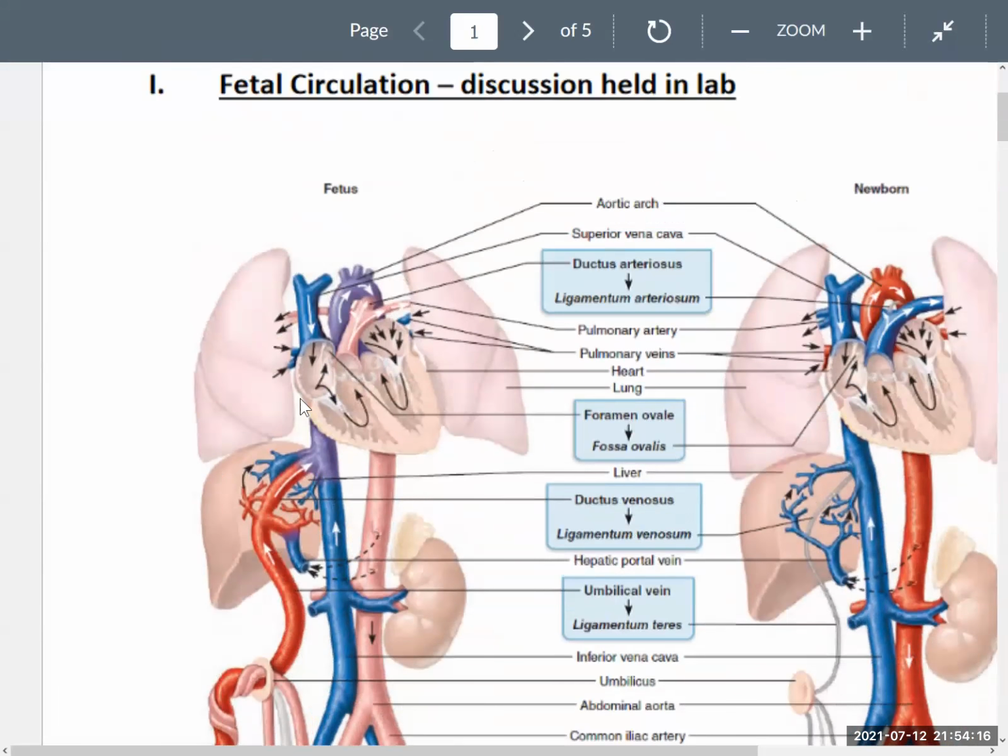The fourth thing that happens is the one thing of the 4 that takes place in the heart, and that's the foramen ovale. The opening or hole between the 2 atria closes, and the foramen ovale becomes the fossa ovalis. It closes over and seals.